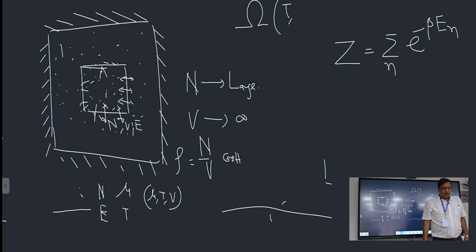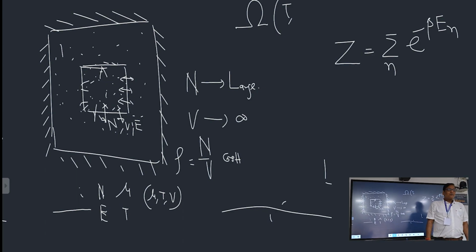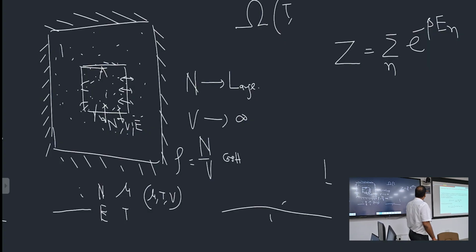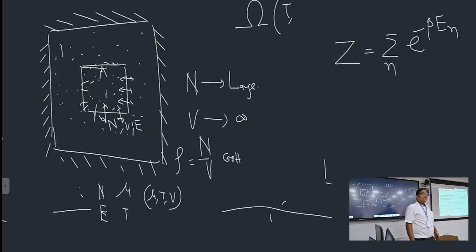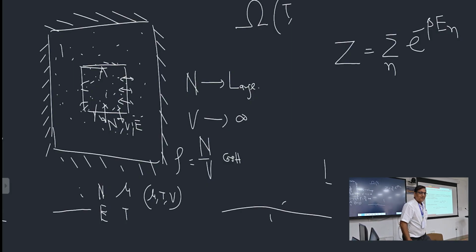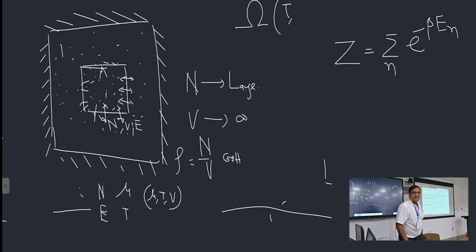Exponential minus beta E_n is called the Boltzmann factor. Okay, the Boltzmann factor in a way is called the weight of a particular energy level E_n. So the weight is calculated as exponential minus beta E_n. The more the weight, the more likely it is that the system will go into that particular state.